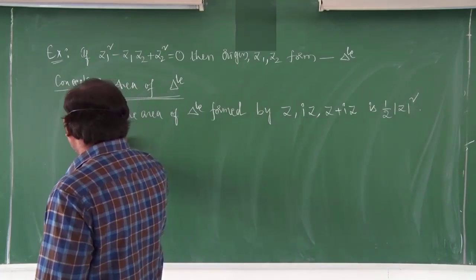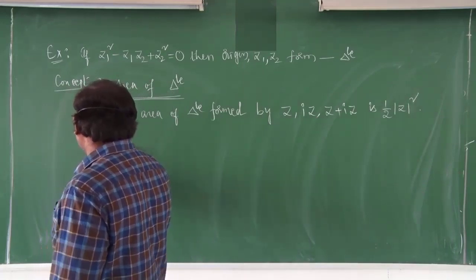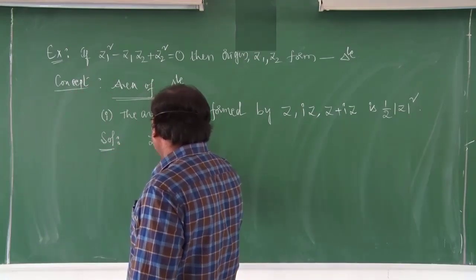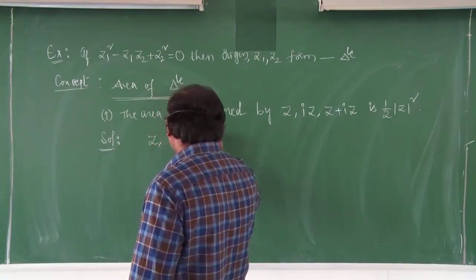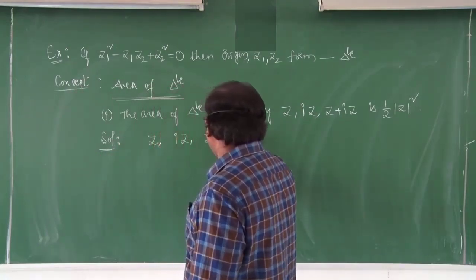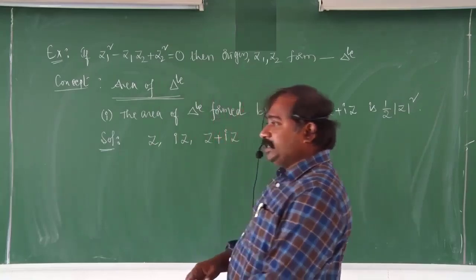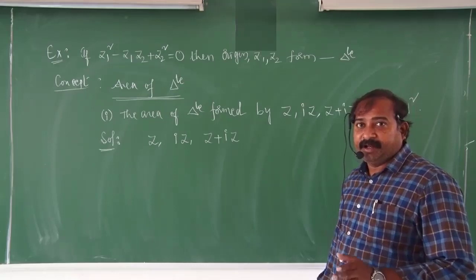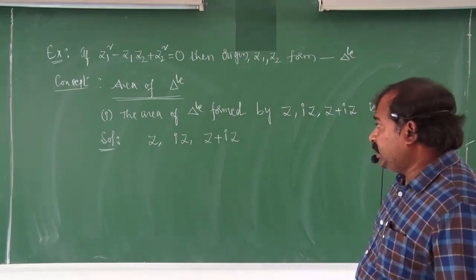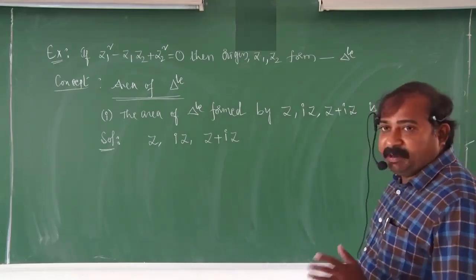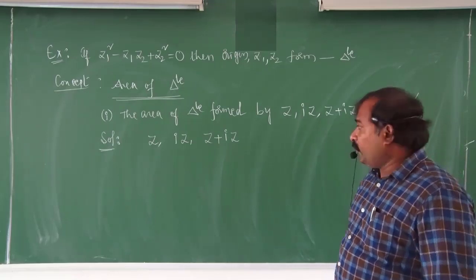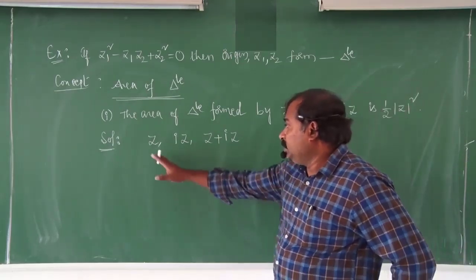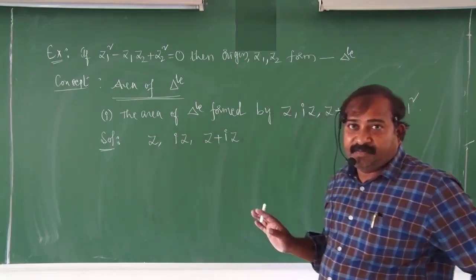If you observe, the complex numbers are z, iz, z plus iz. These are the three complex numbers they gave. Now we have to find the area of the triangle formed by these three complex numbers.